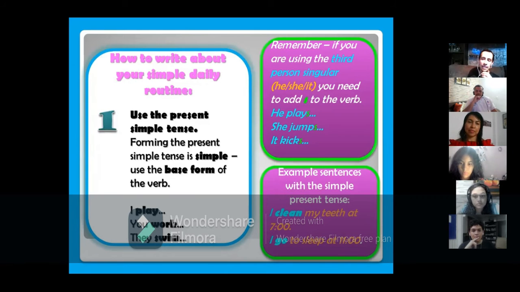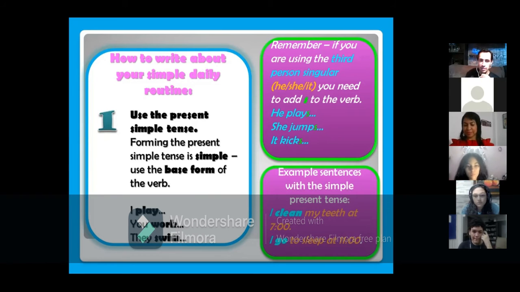So in this case, we're going to see the structure for the use of the daily routine. Remember that at any time you can check these notes in our virtual room, or you can make them your own. The simple present uses the base form of the verb with any subject. For example, I play, you work, they swing.